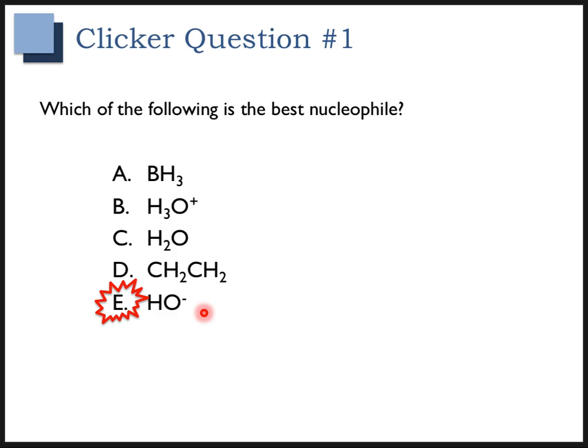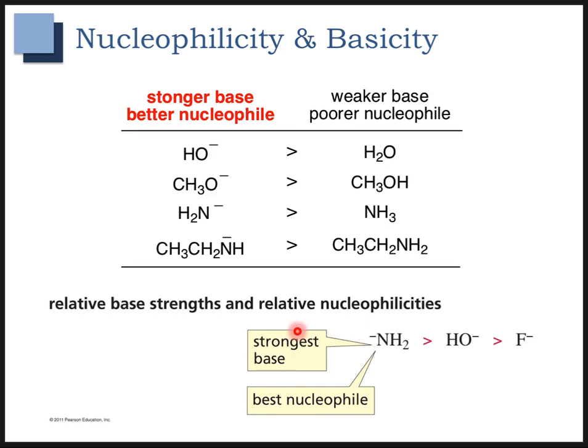Okay, so let's move on to looking at nucleophiles. And you can see here that the better nucleophiles are always going to be the stronger base. So as I mentioned in the previous slide, hydroxide is going to be a better nucleophile than water. Correspondingly, methoxide is going to be a better nucleophile than methanol.